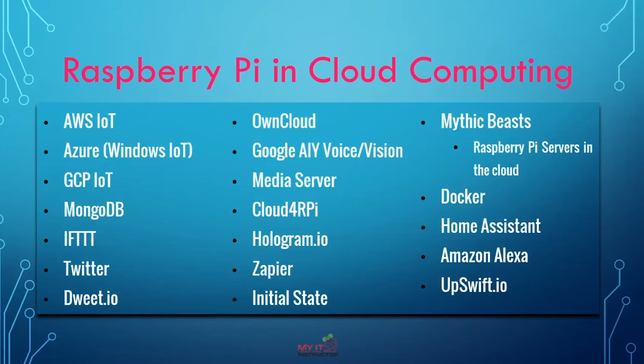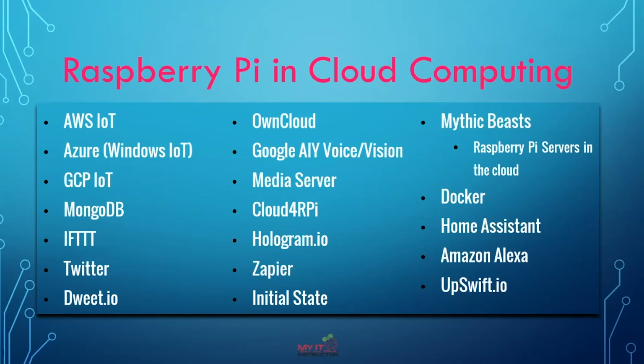You could set up Google AIY and do voice and vision. So you press a button and you ask, okay, Google, and then it actually does everything. And that's based on a Raspberry Pi. Media centers. There's Hologram, Upswift, and Initial State, which are all online monitoring solutions where you can take sensor data off of a Raspberry Pi and post it on really cool dashboards that you can build online.